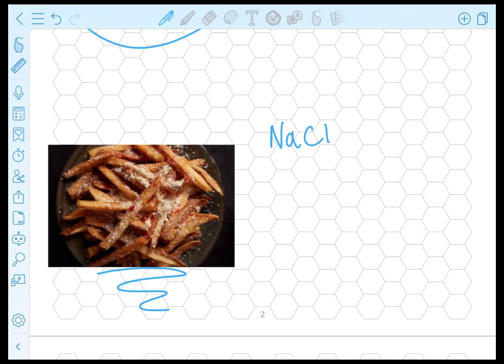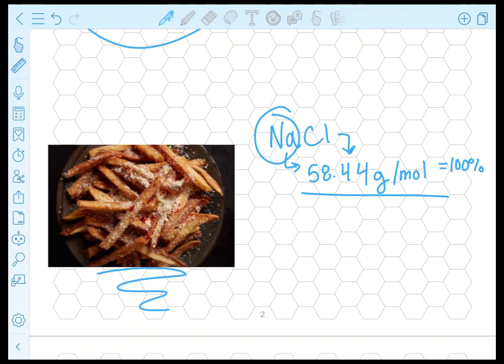We know that the molar mass is 58.44 grams. Now, we want to find how much sodium makes up sodium chloride and how much chlorine makes up sodium chloride. Together, they should make up 100% of sodium chloride. In order to find this, we're going to divide the molar mass of an element by the total molar mass of the molecule.